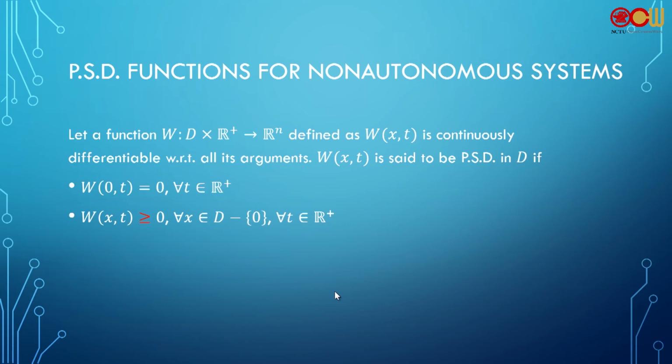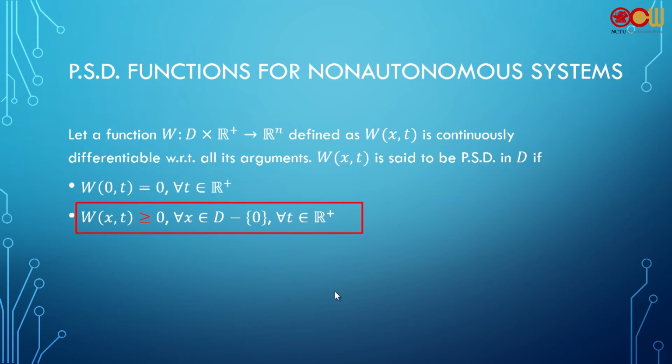So let a function W(x,t) be continuously differentiable with respect to all its arguments, either x or t. Then W(x,t) is said to be PSD in D if it's 0 at 0, that is, W is 0 when x is 0.